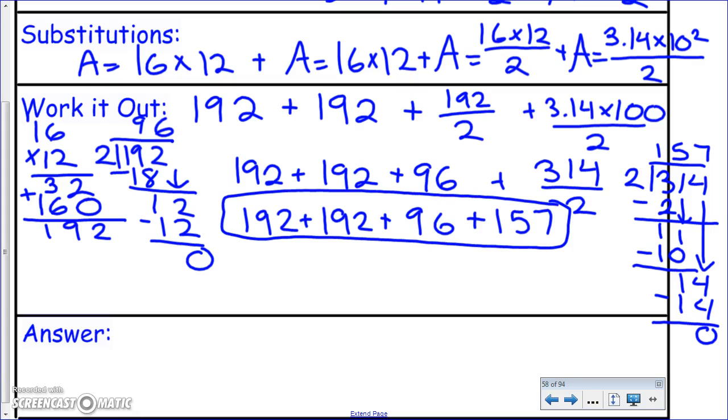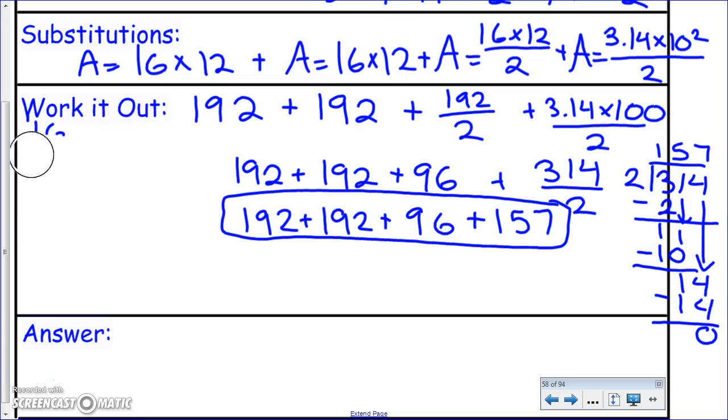Draw a box around it there just so we can see it. And now we're going to add those up. So we're going to make ourselves a little space here so we can add those up together. Okay, so we know 2 plus 2 is 4, plus 6 is 10, plus 7 is 17.